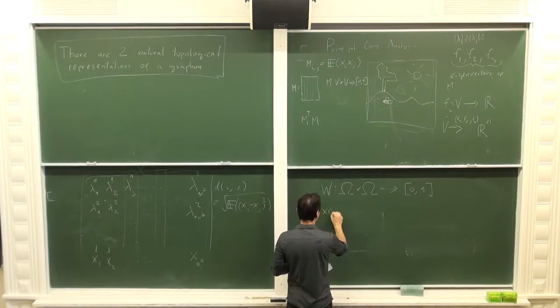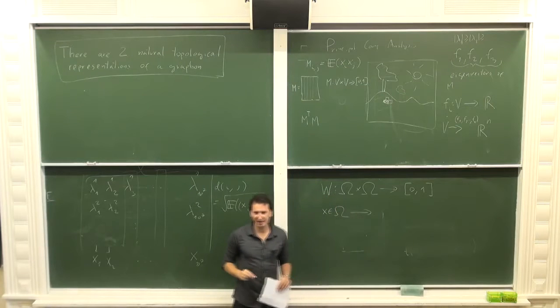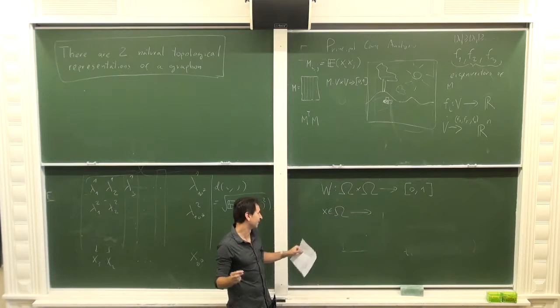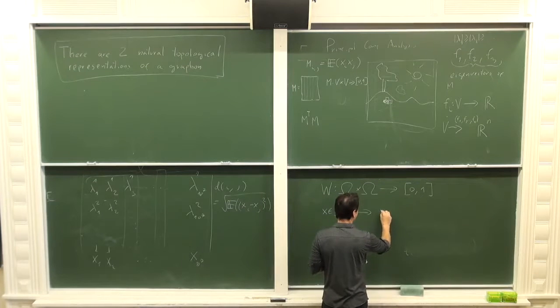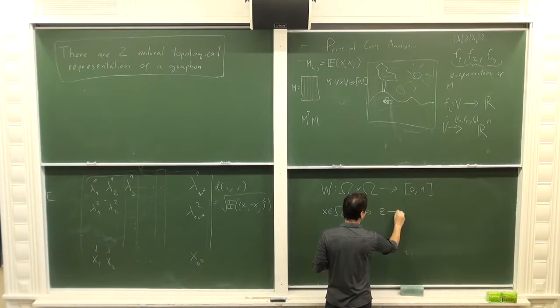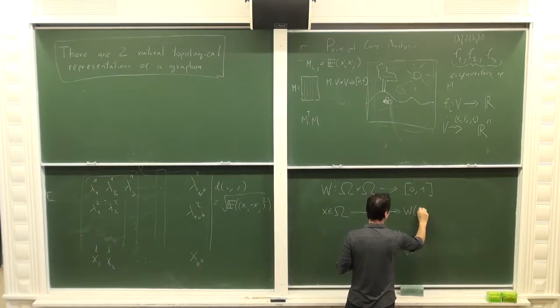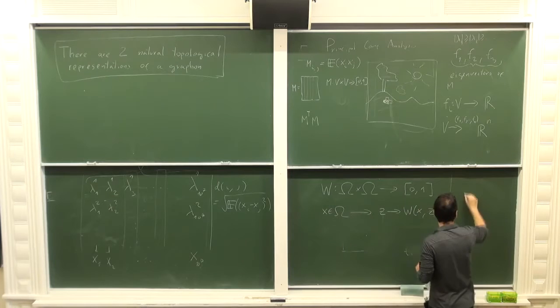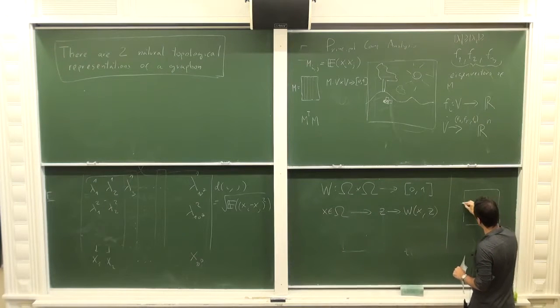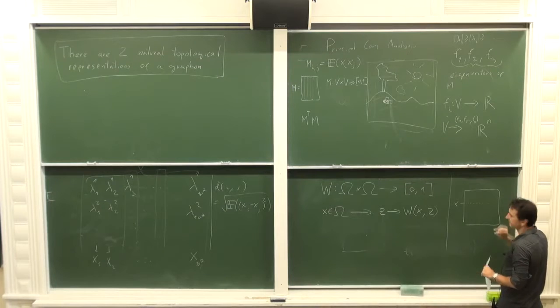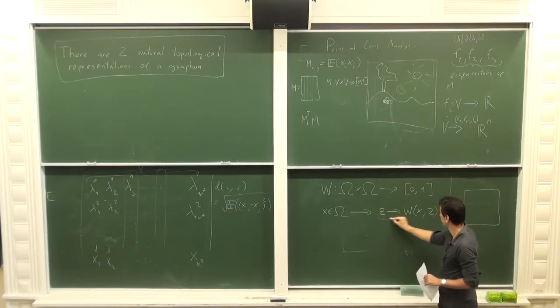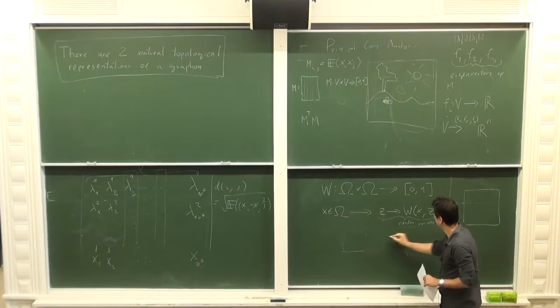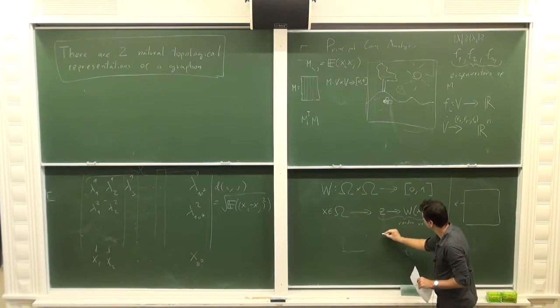So each element x in omega is related to a one variable function, namely a random variable, which is this function z goes to W(x,z). In other words, if this is the graphon and this is the point x, I just pick this row in the graphon. And this is just a random variable that I call little x.